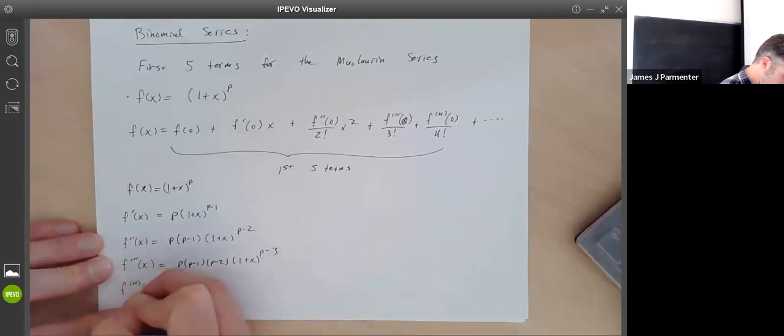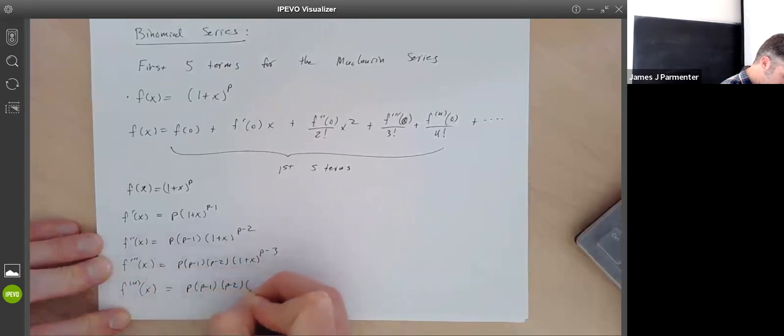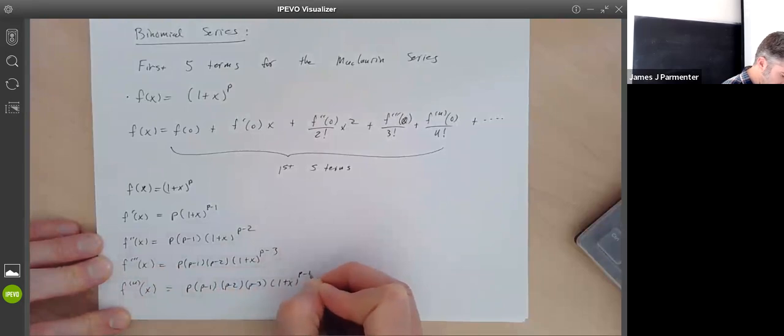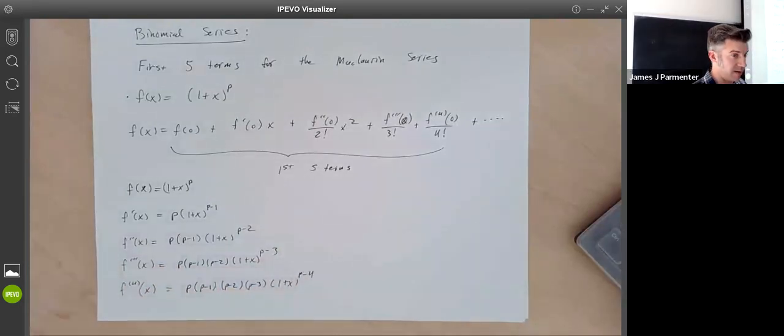And we're definitely starting to see the semblance of a pattern. I'll be real honest, I usually have to write out at least 3 or 4 terms to even have a shot at seeing the pattern, right? It's hard to see these patterns sometimes.